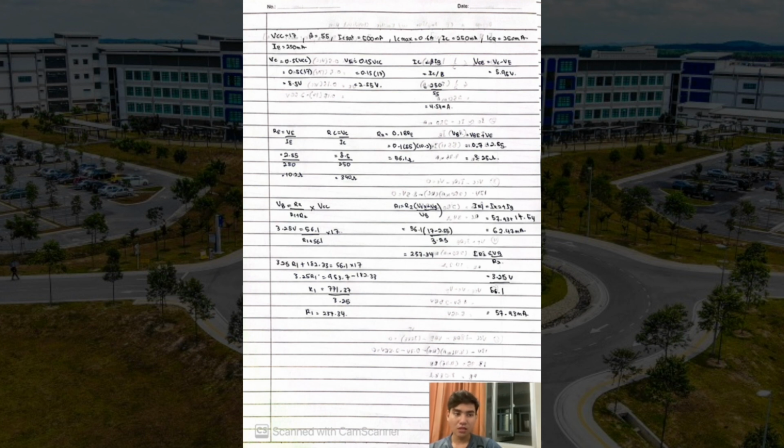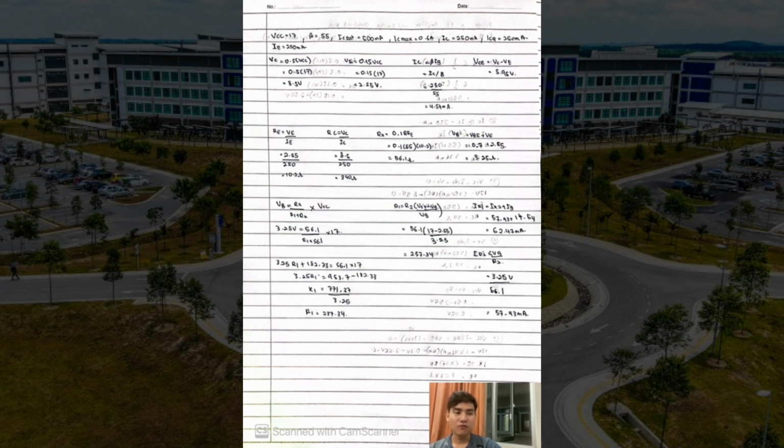So for the R1 it is R2 in bracket VCC minus VB over VB close bracket, and we get 56.1 open bracket 17 minus 2.55 over 3.25 close bracket, and we get the answer for R1 is 237.34.